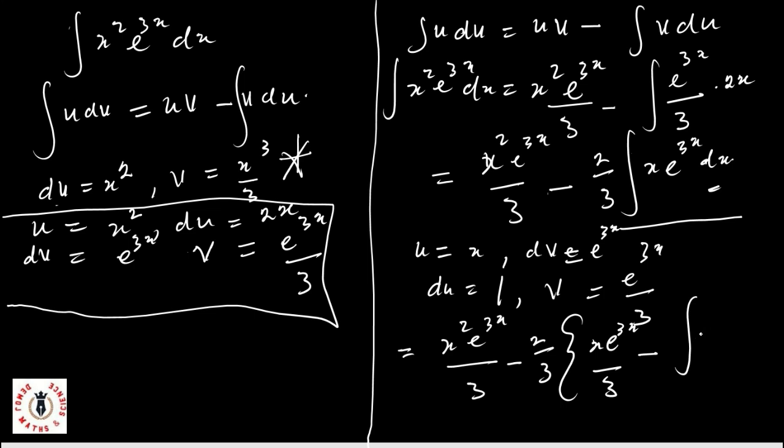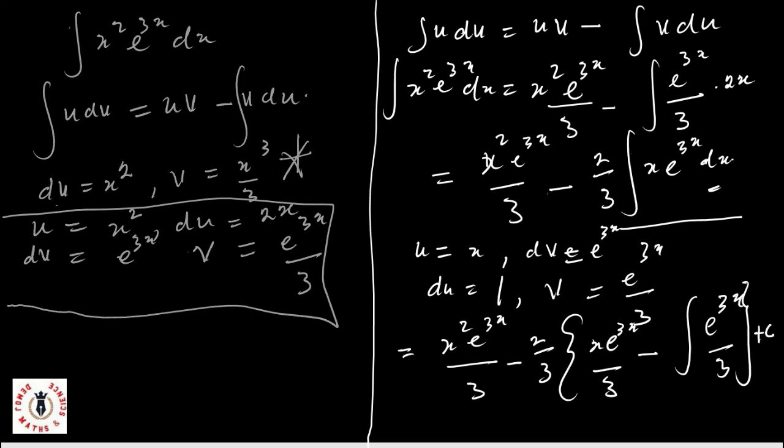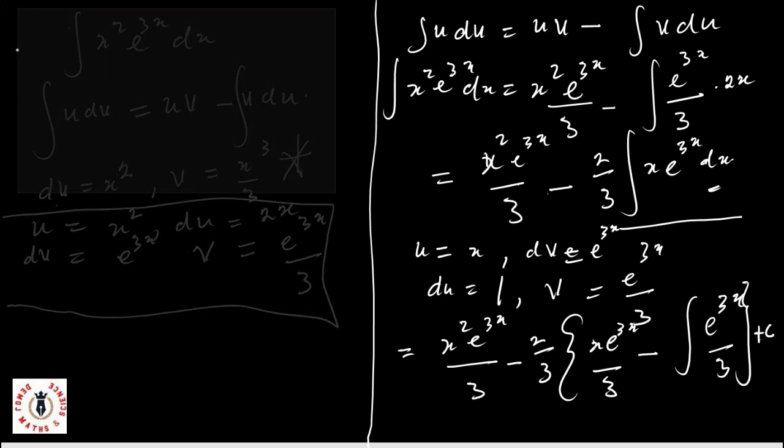v du, the du is 1, and for v we are left with v alone, that's e raised to power 3x over 3, bracket close, plus c. Let me create space so that we can now expand this.